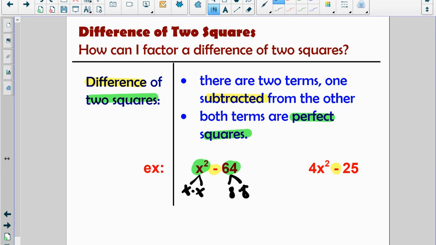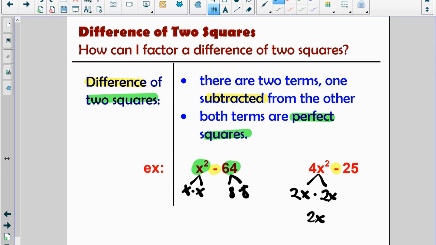Now I haven't factored anything yet, but I'm just recognizing that that is a difference of two squares. In my next example, I had 4x squared minus 25. The 4x squared is, well, 2 times 2 is 4, and x times x is x squared, so 2x times 2x is 4x squared.